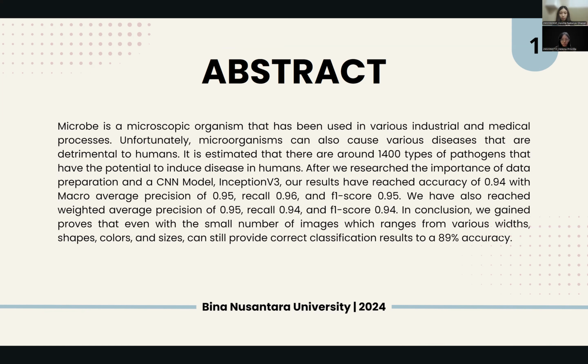In conclusion, we gain proof that even with a small number of images, which range in various widths, shapes, colors, and sizes, we can still provide correct classification results to 89% accuracy.